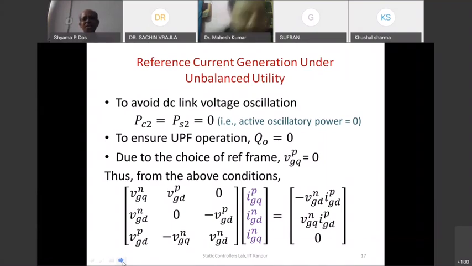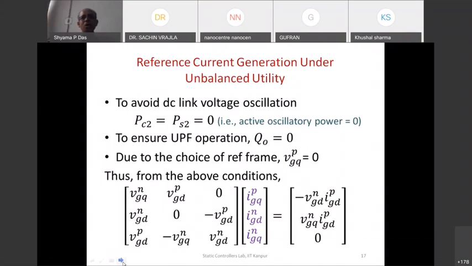And the second condition is that we have to ensure that the power factor is unity, which means the grid should neither supply any reactive power nor absorb any reactive power. That leads to Q naught equal to 0.